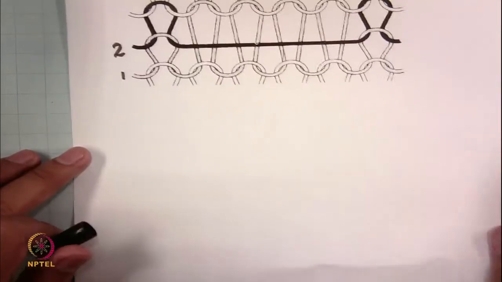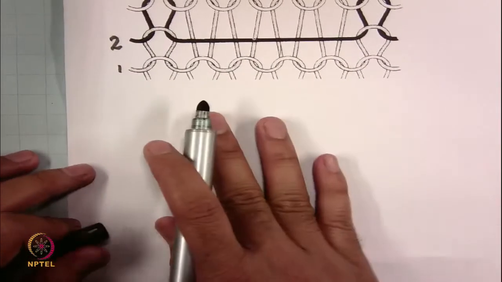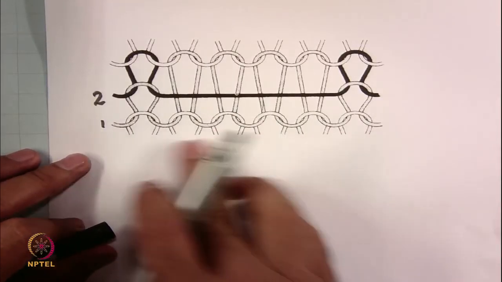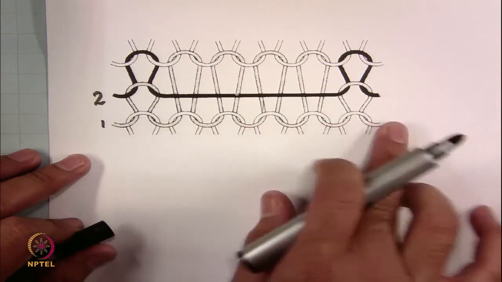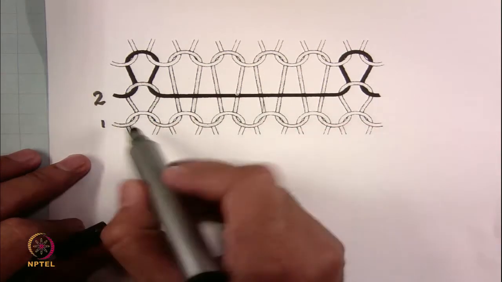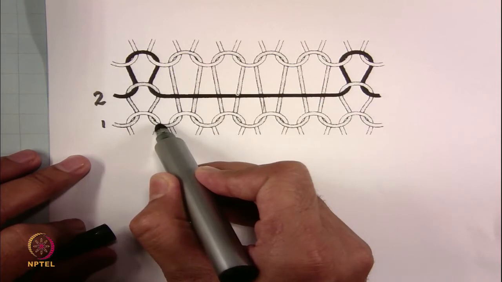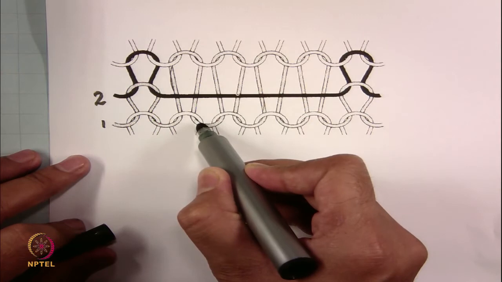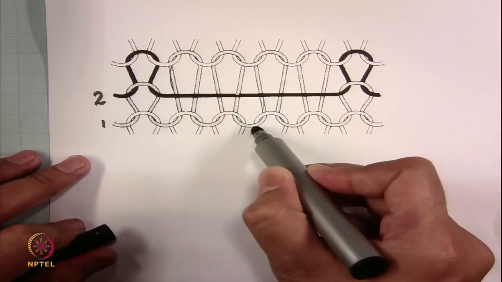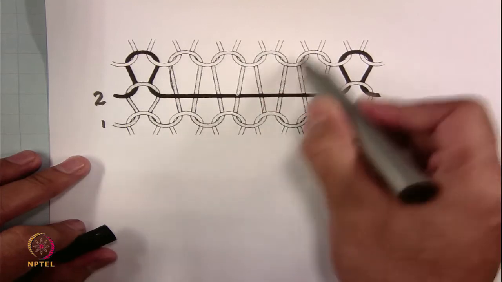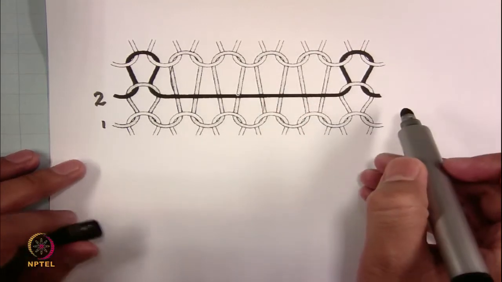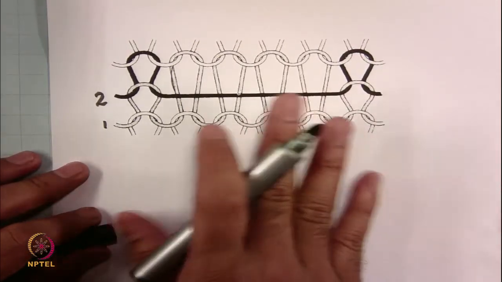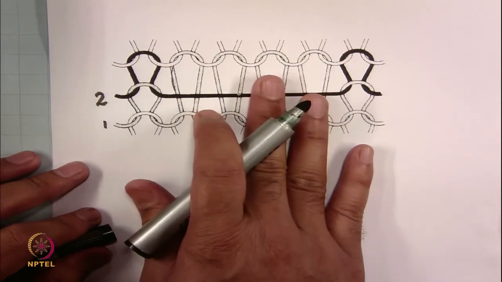Again, for the point notations we first have to make sure whether this fabric is a single jersey fabric or a double jersey fabric. If you see the movement of needles in a particular course, this particular needle is making a loop on the technical back side, this bigger loop also on the technical back side, and this also technical back side. So, all needles are participating in the loop formation on the technical back side. Naturally, this fabric is a single jersey fabric and it has been created by a single bed.